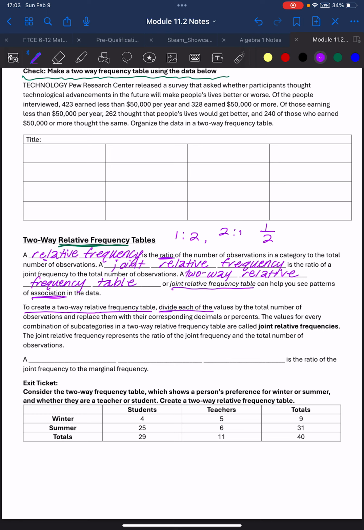It says the total values for every combination of subcategories in a two-way relative frequency table are called joint relative frequencies. The joint relative frequency represents the ratio of the joint frequency and the total number of observations, okay?